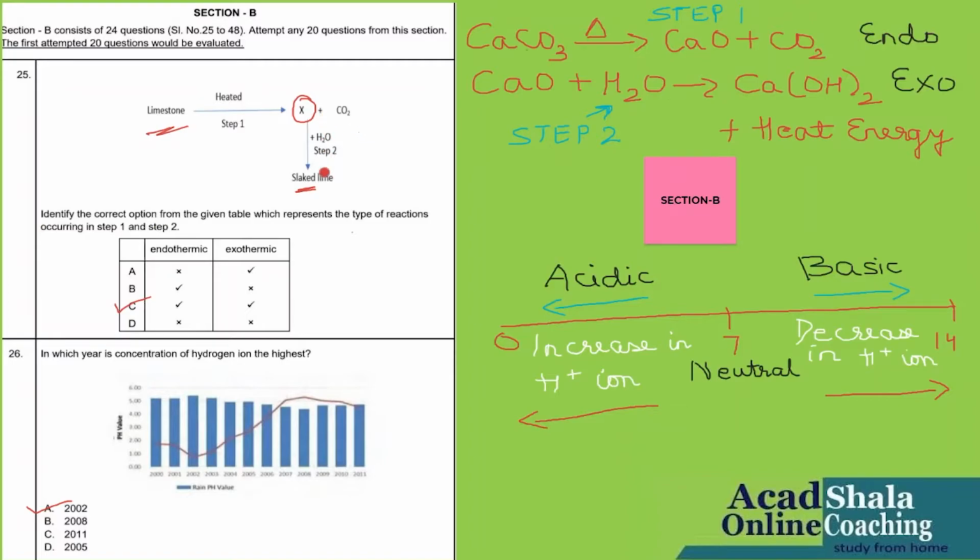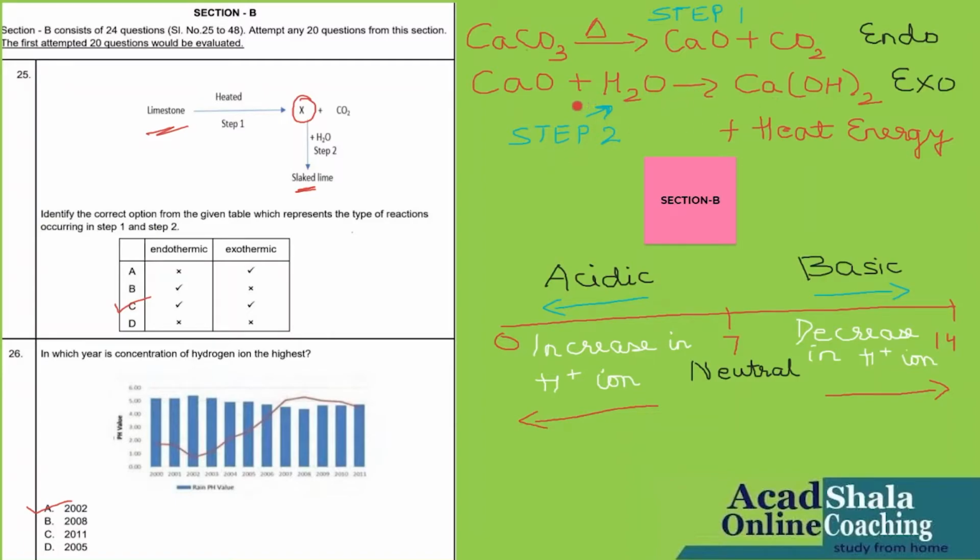The second step says that whatever product is formed, that is X, which is here said to be calcium oxide, reacts with water in step 2, forming slaked lime. I also write the second equation over here in my rough work column: CaO plus H2O gives you Ca(OH)2. So this is slaked lime according to the demand of the question, and this is step 2.